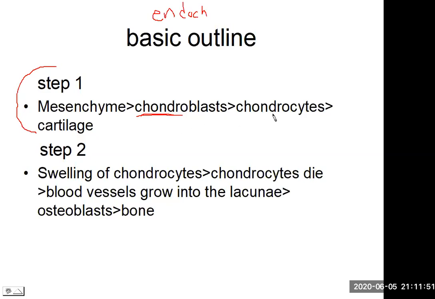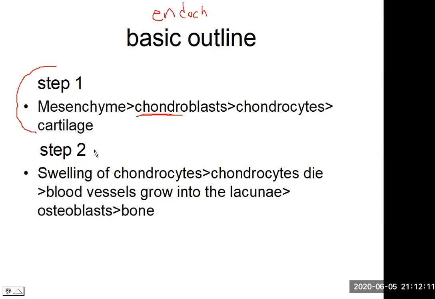They mature, they surround themselves in the chondrin, the cartilage matrix. They're now chondrocytes encapsulated in lacunae, and we've created the hyaline cartilage structure. This is the original tissue in the first phase.